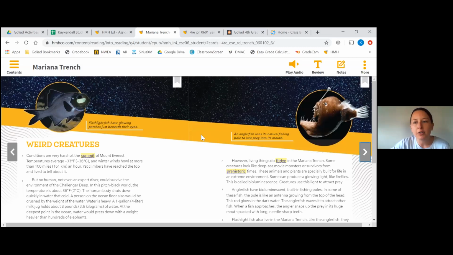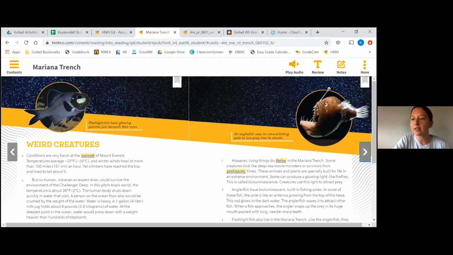So they do have to adapt. So for example, like this anglerfish, he has to have what in order to navigate in the Mariana Trench? A lure. And what does that do? Its bioluminescence lights the area around it. Very good. Good job, Turner.